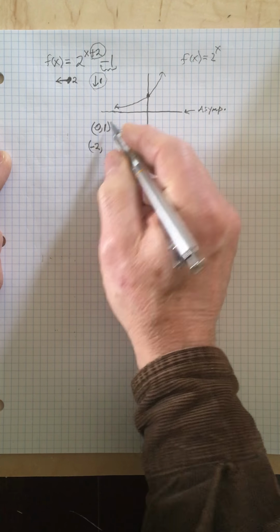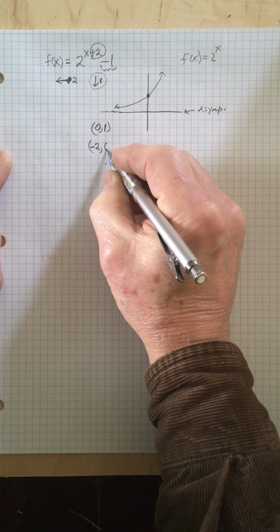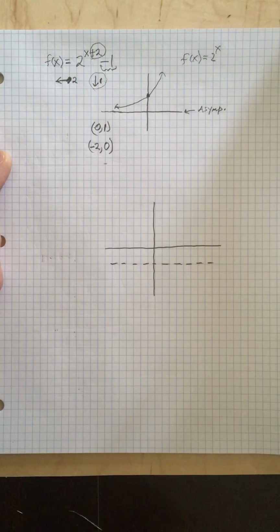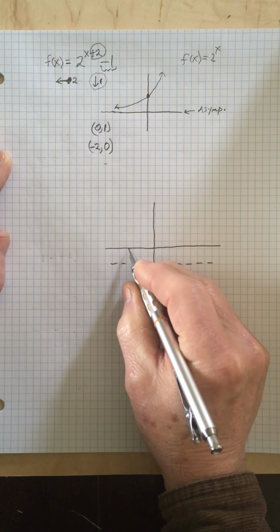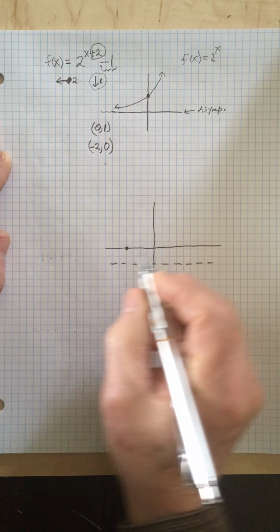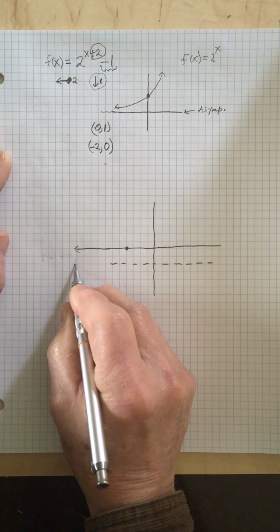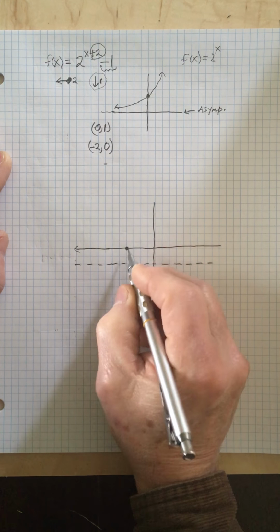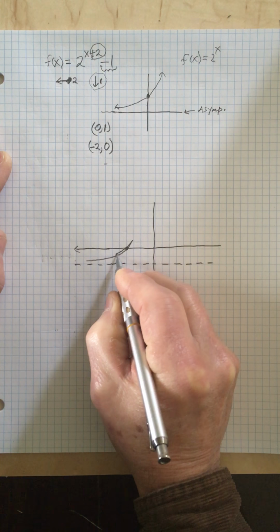And then this 1, we're going to come down 1, so we're going to subtract 1 from that. So that's our new intercept point. So that would be here, and 1, 2 would be here. Let me extend this a bit. Okay, so we got a graph that's coming through like this.